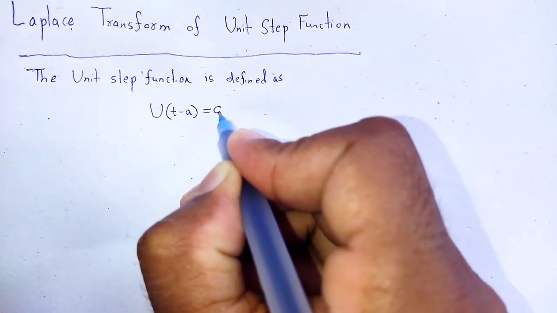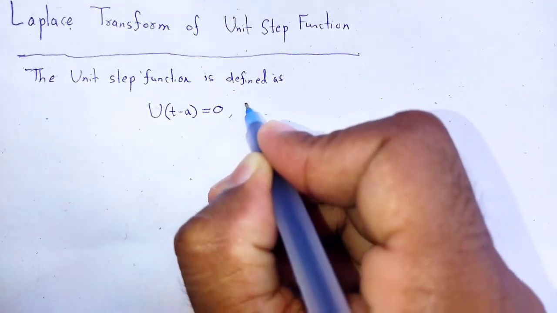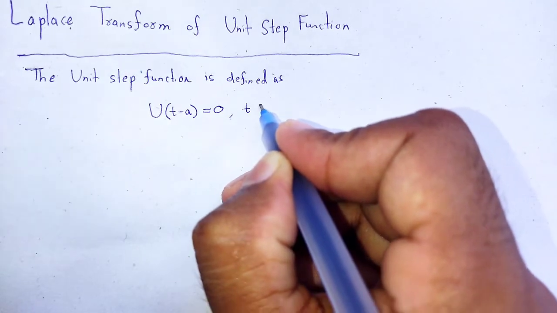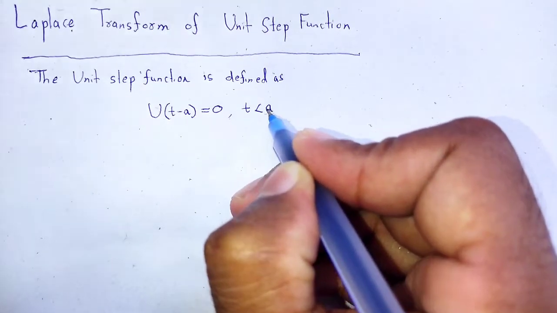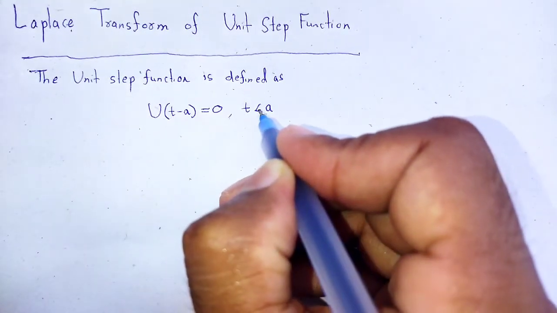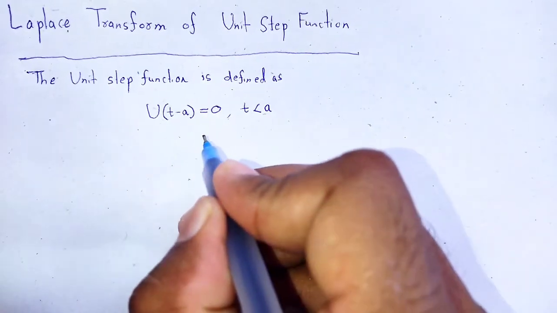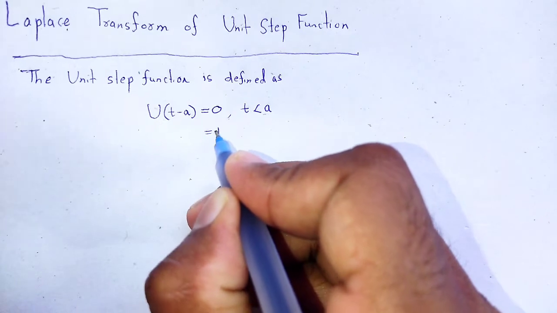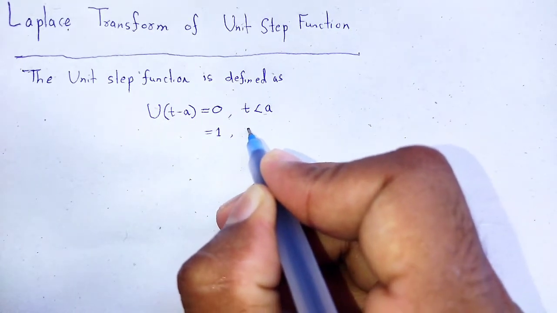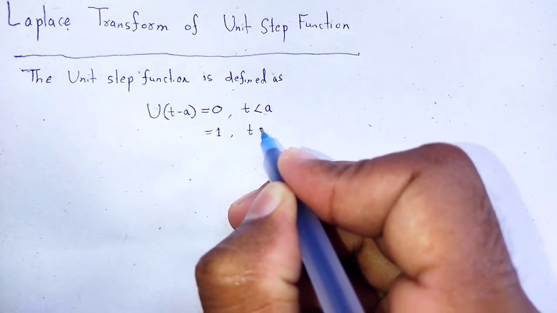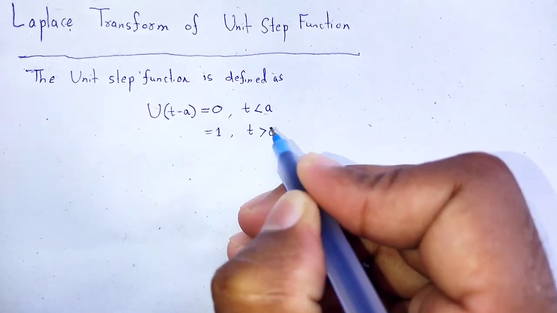Its value will be 0 when t is less than a. The value of t when less than a, that unit function results 0, and it will be 1 when t is greater than a.